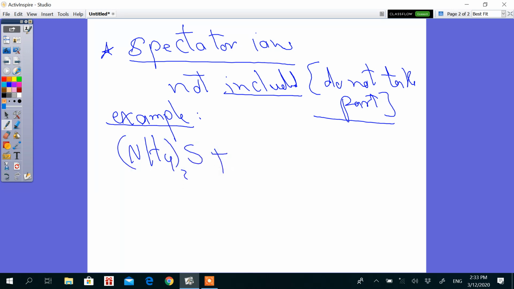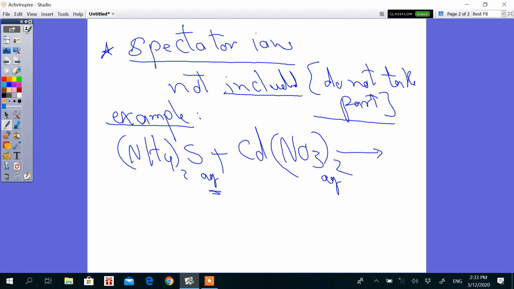First of all, we must know that these substances must be aqueous, as we said before, to react with each other, and we know the products. To make the net ionic equation, we must use them as aqueous, in an aqueous solution.